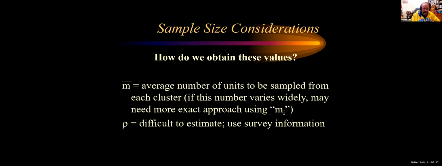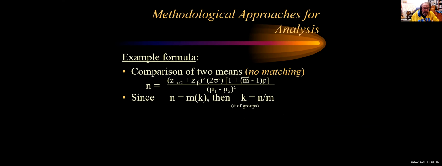So we've talked about how we get these values. Here's the formula you saw earlier, where the business part is the sample size for comparing two means, and then you can see the inflation factor is given there.